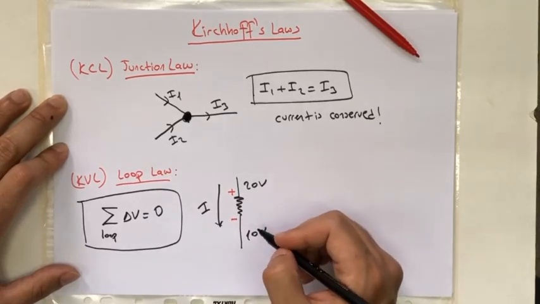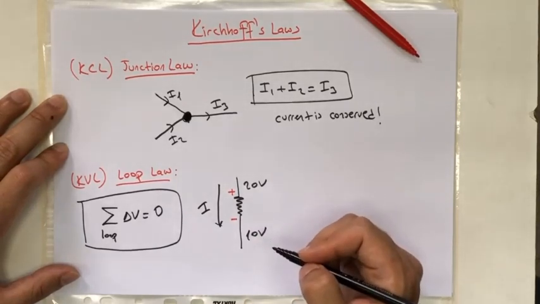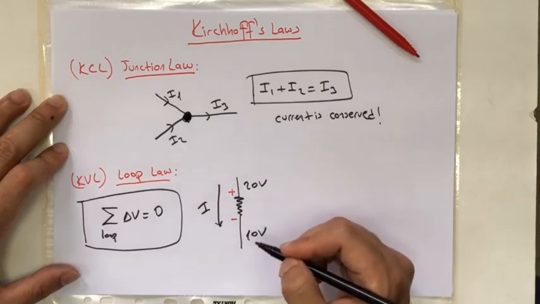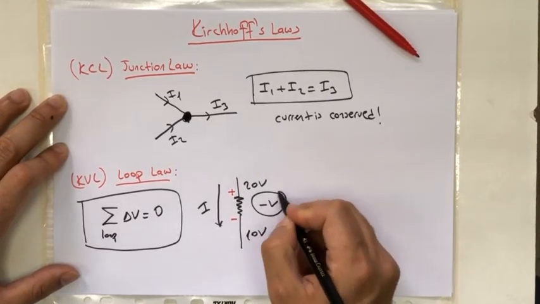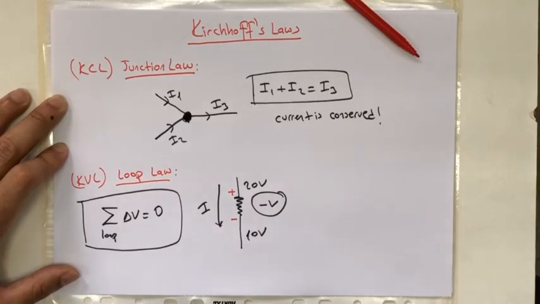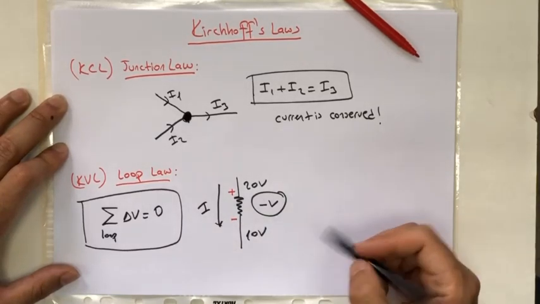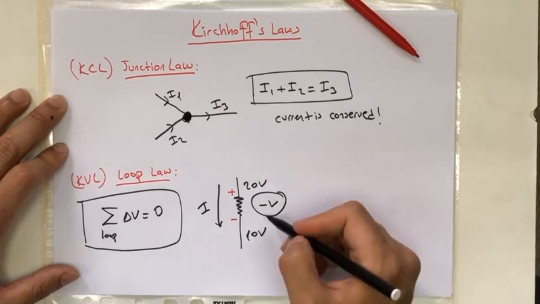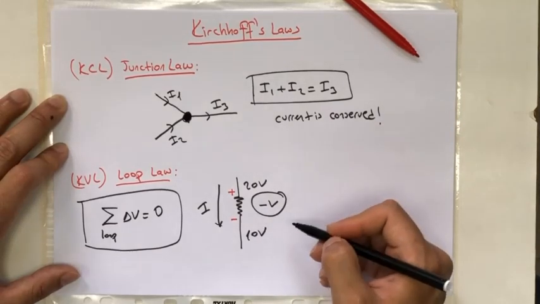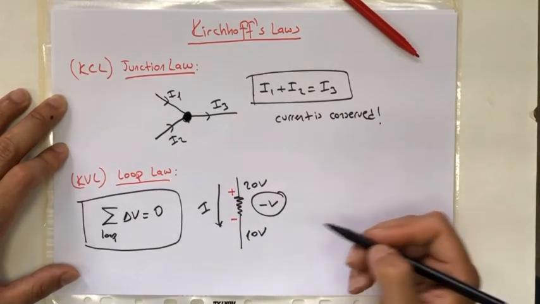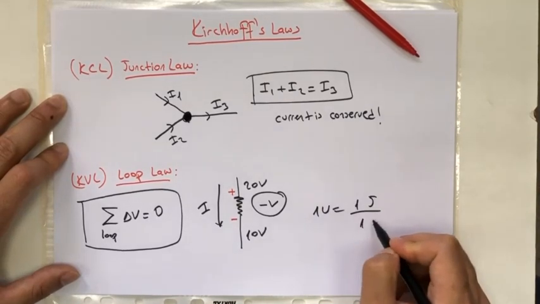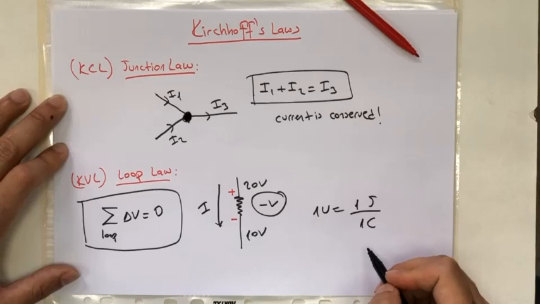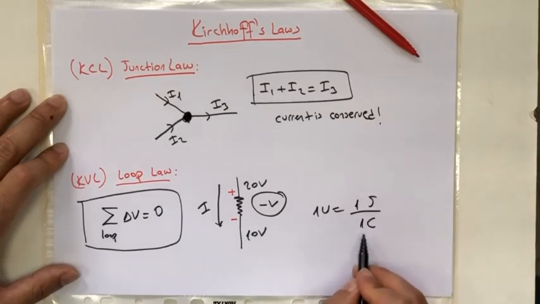Now we assign a negative voltage to it because it reduced the energy per unit charge. That's what a volt is: voltage is basically the energy change per unit charge, per 1 coulomb.